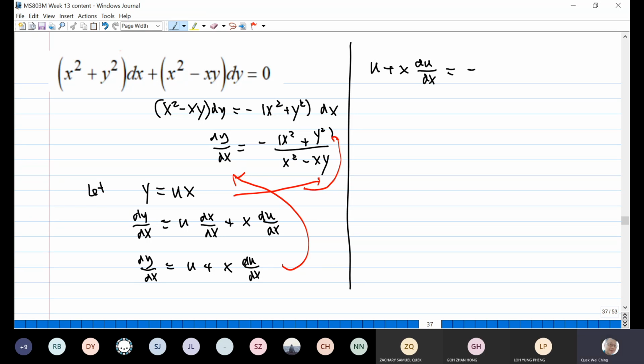Right hand side is minus x squared over y squared, u squared x squared, right?